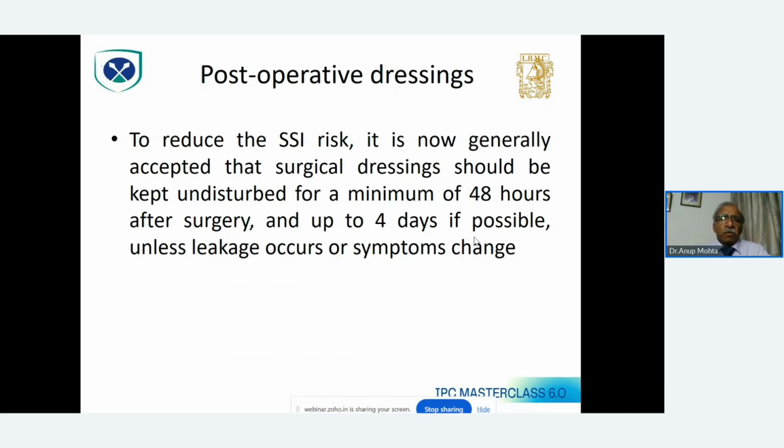WHO says to reduce SSI risk, it is now generally accepted surgical dressing should be kept undisturbed for a minimum 48 hours after surgery and up to 4 days if possible, unless leakage occurs or symptoms change. Now, what are the symptoms? You could have pain, you could have fever, you could have some discharge from the wound, and the wound dressing would have got soaked. So in those situations, you may have to change the dressing earlier.